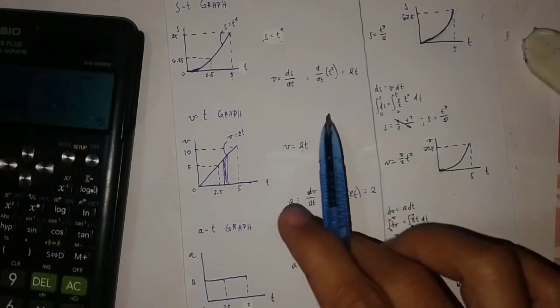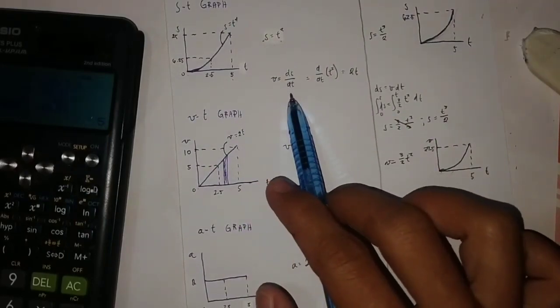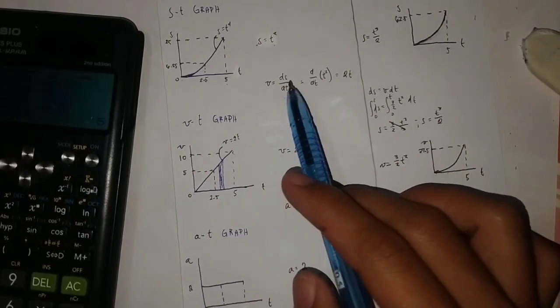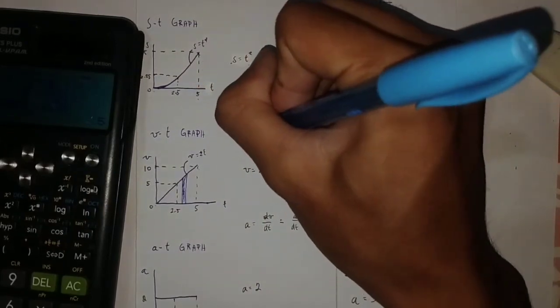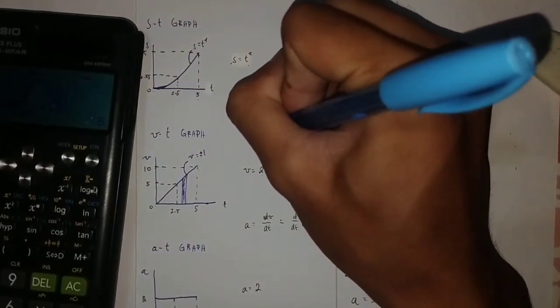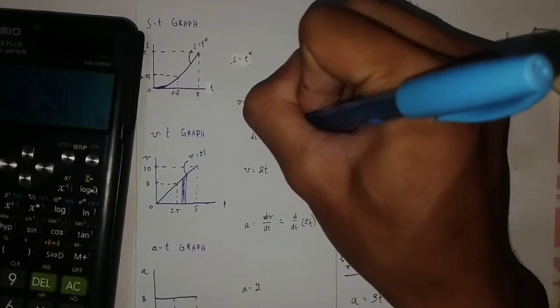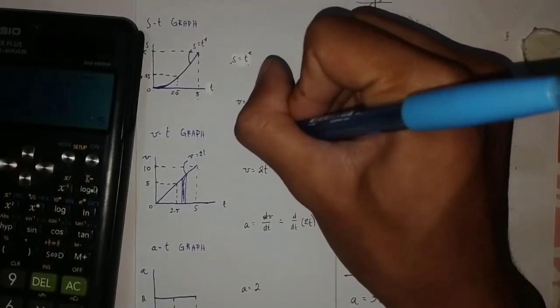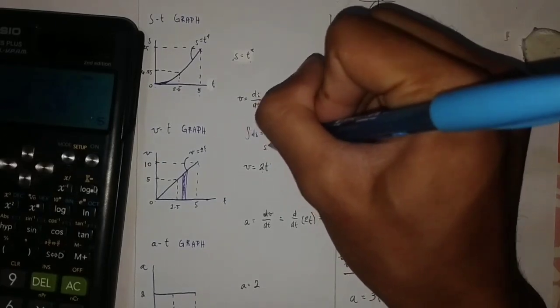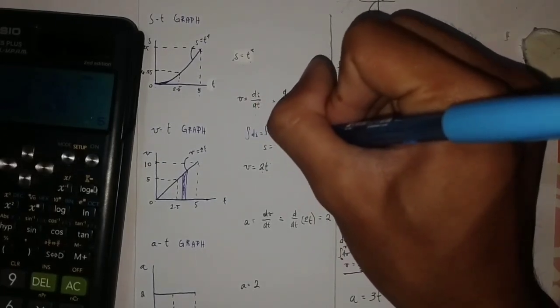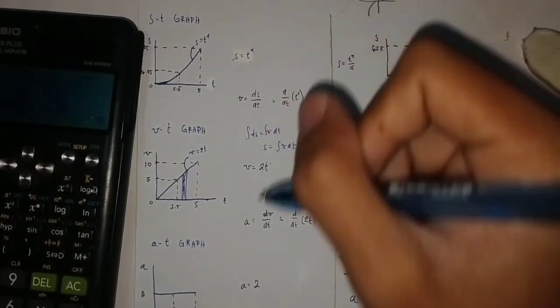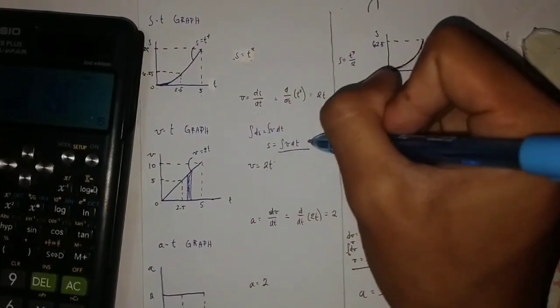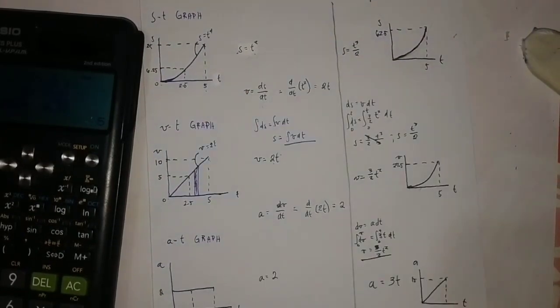Since we have this formula, v is equal to ds over dt, in order for us to find the distance, we have ds is equal to v dt. If we integrate this, we have the formula s is equal to the integration of v dt. Integration of v dt is just the area under the curve of your graph of v.